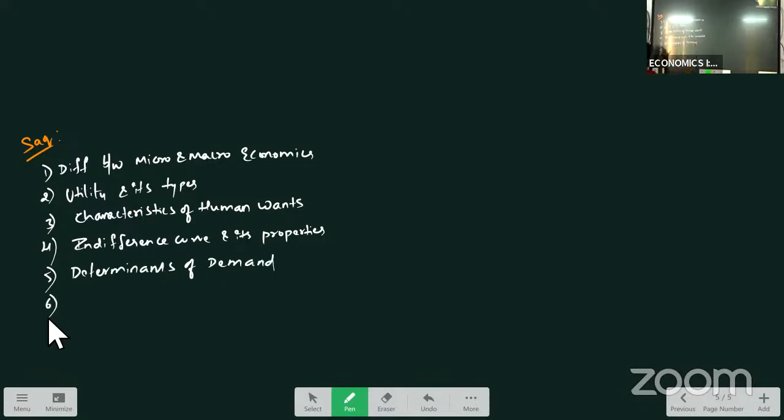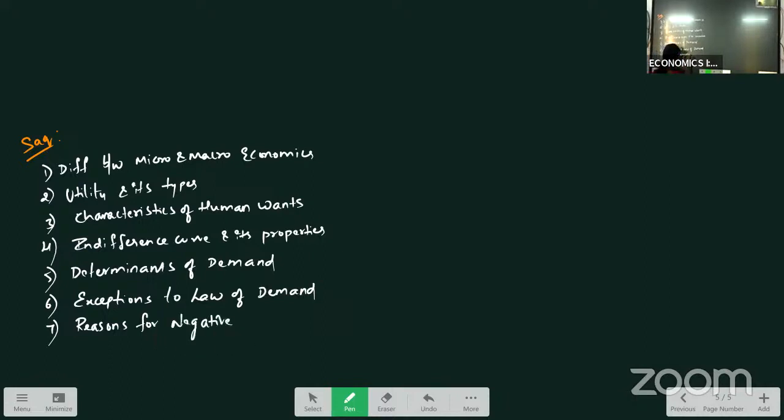Right? Next question you will be preparing is exceptions to law of demand. Then you have reasons for downward sloping demand curve, reasons for negative sloping demand curve.